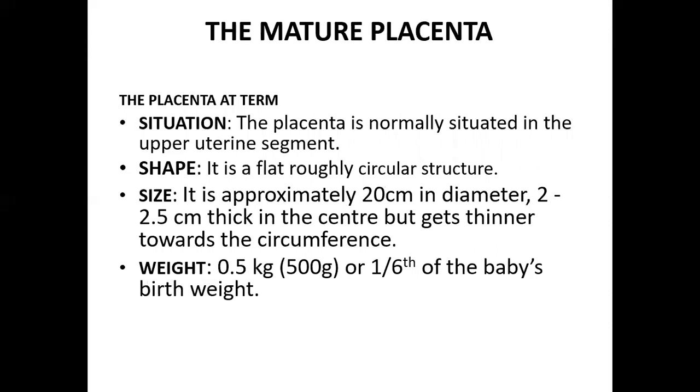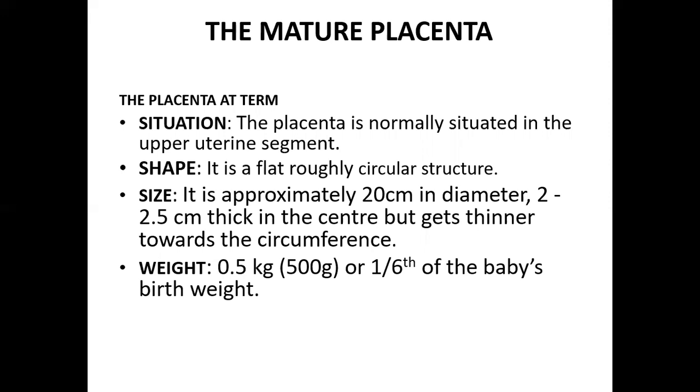Now, the placenta, usually at term, is normally situated in the upper uterine segment. Okay, anything that will bring this placenta to be implanted on the lower uterine segment will just translate into a complicated pregnancy. So the placenta is situated in the upper uterine segment. It's a flat, roughly circular structure, approximately 20 centimeters in diameter.